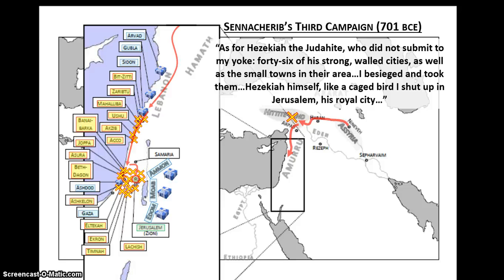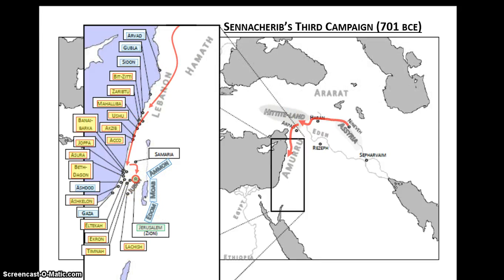You also have Judah's side of the story as conveyed through the book of 2 Kings, which you read over the weekend. But what you should have on the map that you were given is what you see here on the screen. These red arrows signifying the movement of the Assyrian armies. You have cities that are colored in blue.